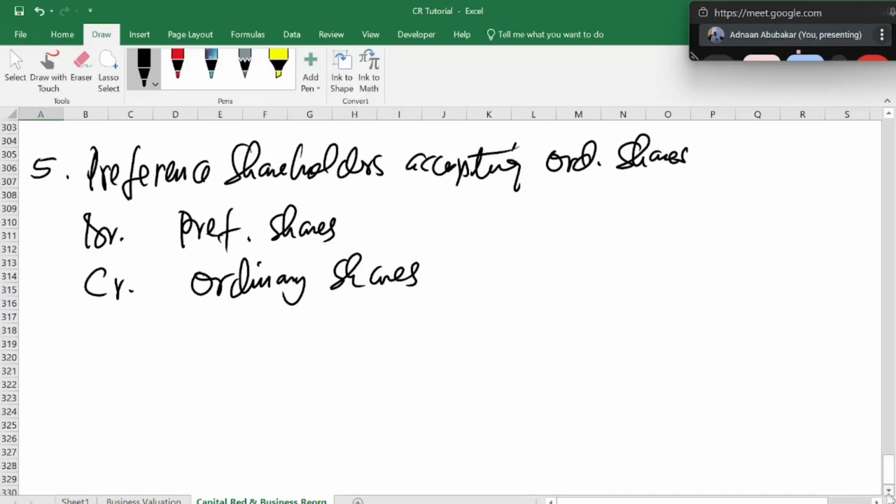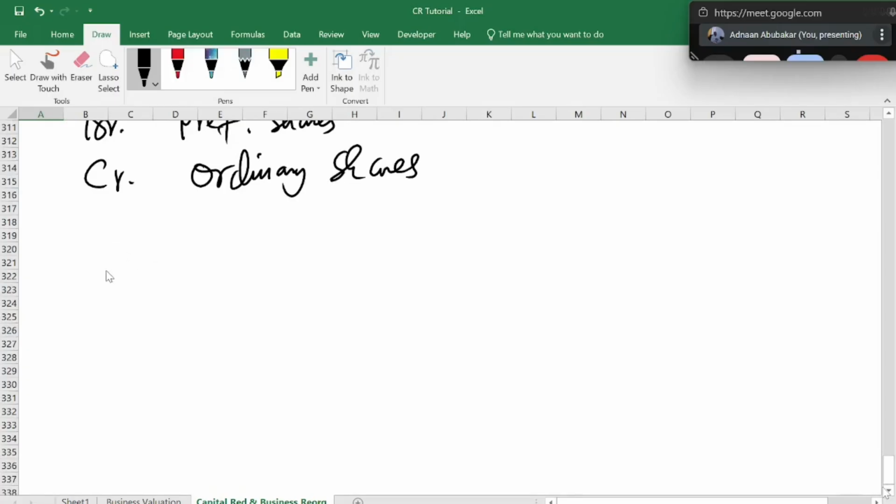Now, for example, if in the question they said that you have maybe 15% preference shares, which is 50,000.